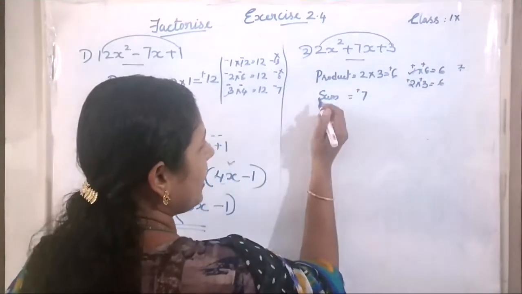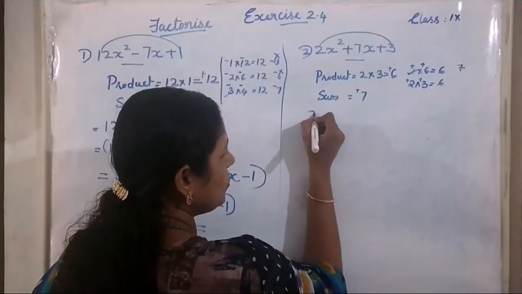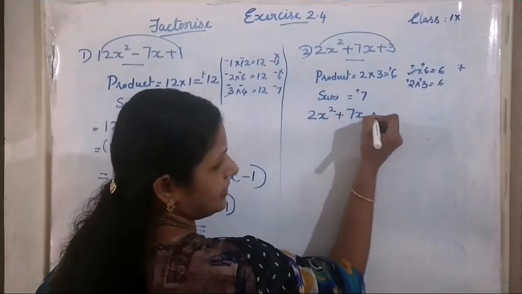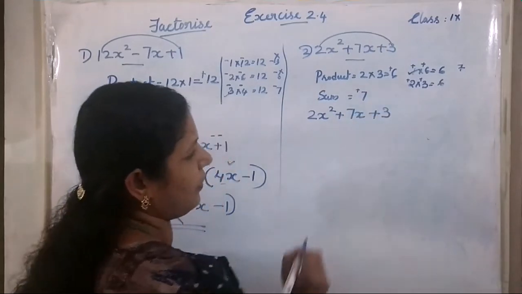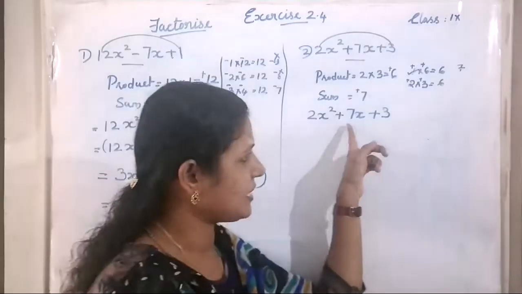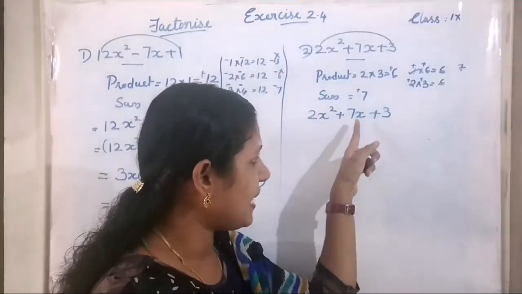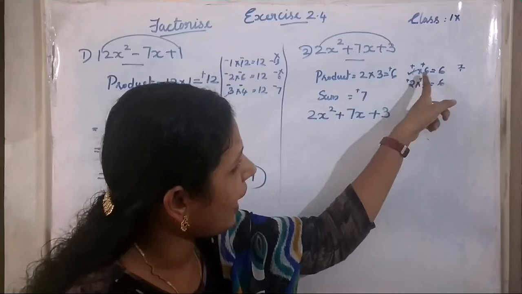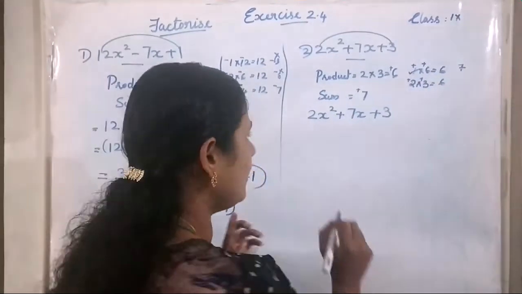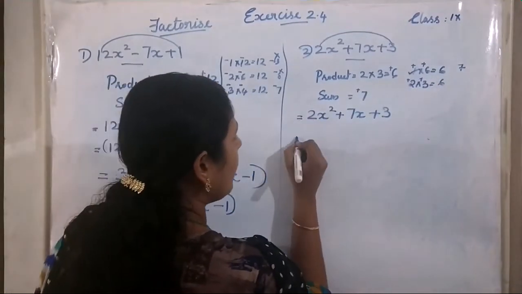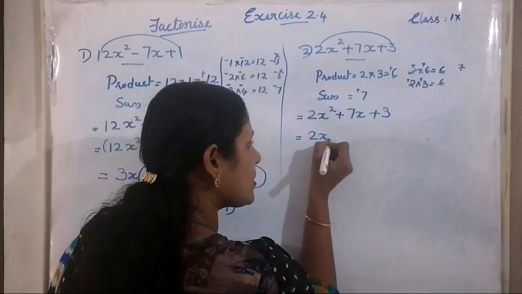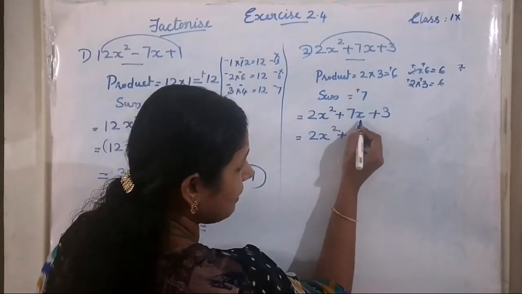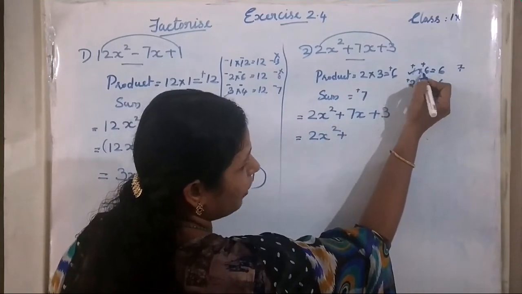Okay. So again we write the question. 2x square plus 7x plus 3. Instead of this 7x, we write 1 and 6.